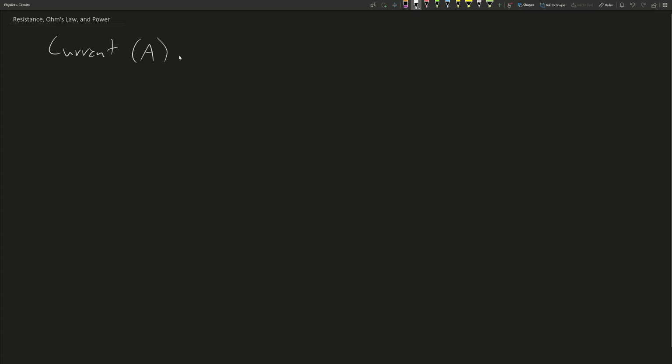So current, the variable is I, and this has units of amps, or amperes, which is what you frequently call it, shortened. That's an SI unit.